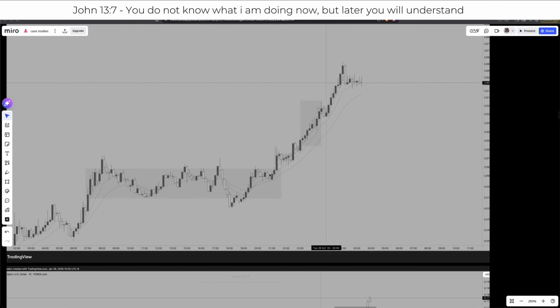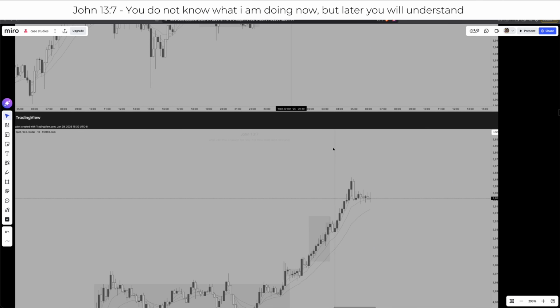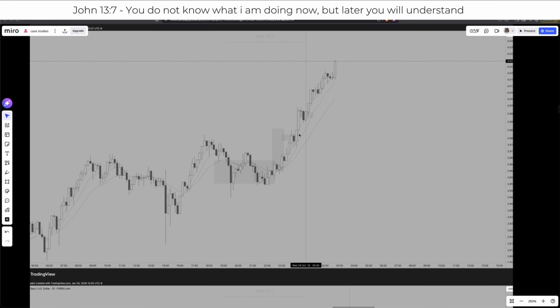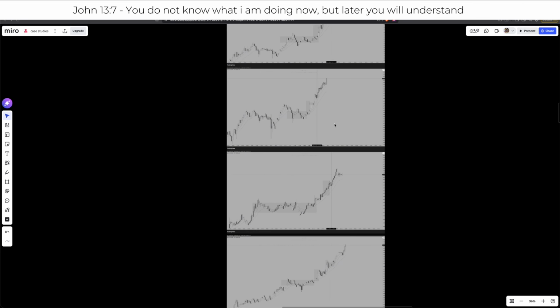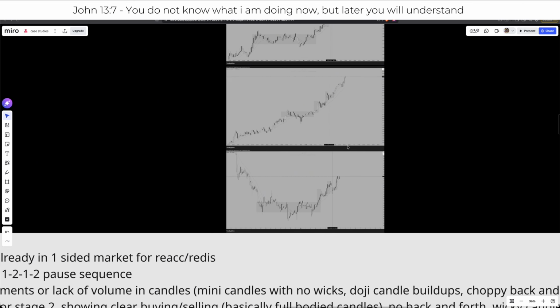A nice stage 1, pretty good bullish candle, stage 1, pretty good bullish candle. Now this one maybe would not be as good because of the amount of wicks in here, it's very wicky, but these for sure were really good entries that I could get into. Pretty good price action here, really good momentum candles. So you get the idea of what I'm trying to go for.